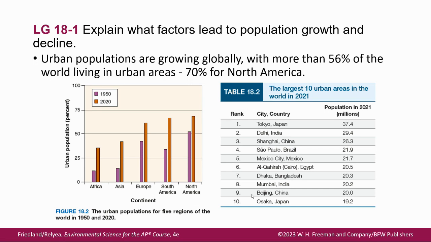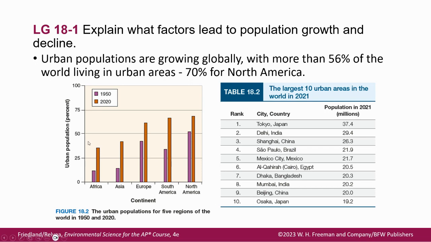It also means that we're probably using more resources like gasoline or energy to keep our lights on, and more infrastructure because we're moving more into big cities and less out in rural areas.